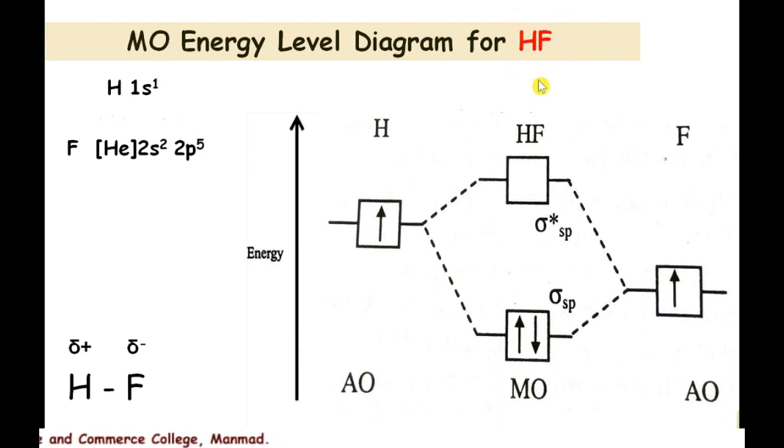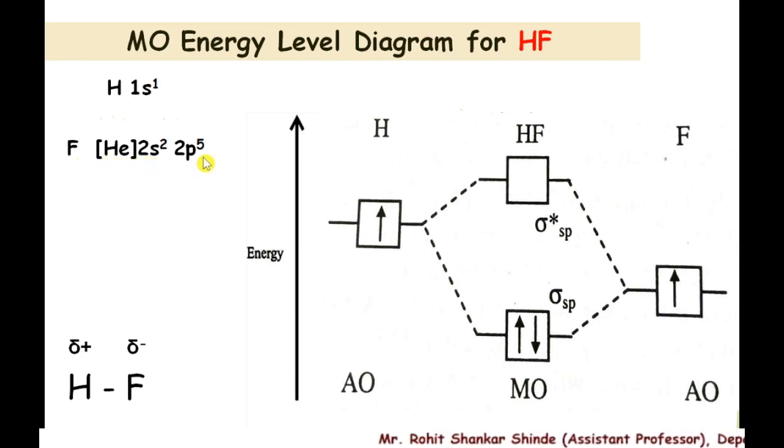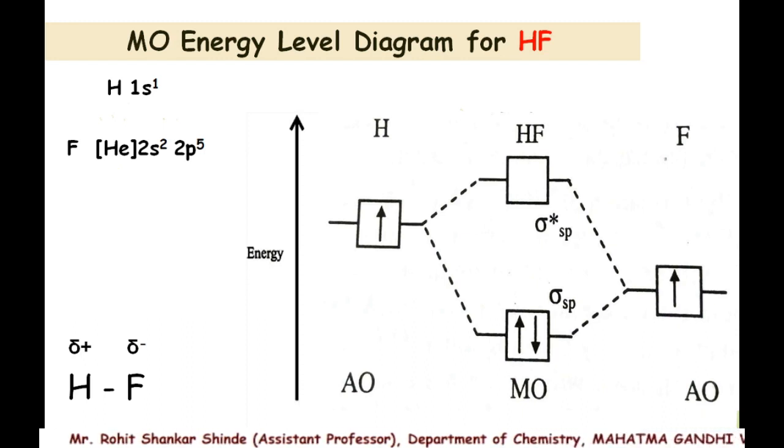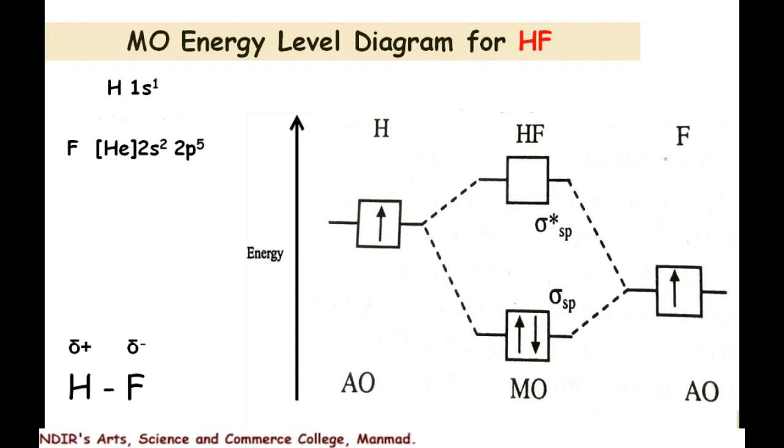Fluorine is more electronegative. Here, hydrogen possesses electronic configuration 1s1. Fluorine has electronic configuration 1s2, 2s2, 2p5, or we can represent the configuration in a condensed form, that is He 2s2, 2p5. This is the molecular orbital energy level diagram for HF molecule.